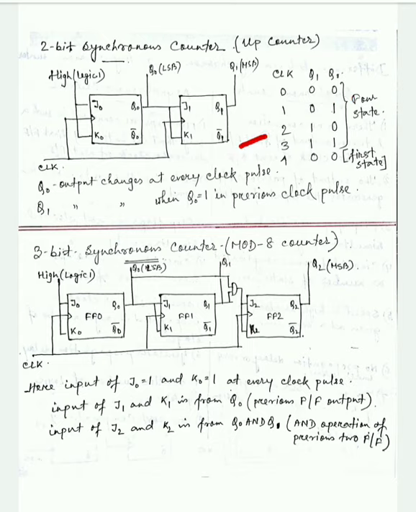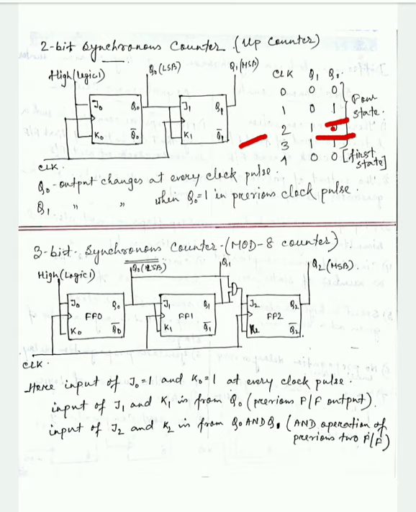Now for the second clock pulse, Q0 changes, meaning Q0 becomes 0. Whenever Q1 changes, we look at the previous clock pulse: if Q0 was 1 in the previous clock pulse, then it will change.